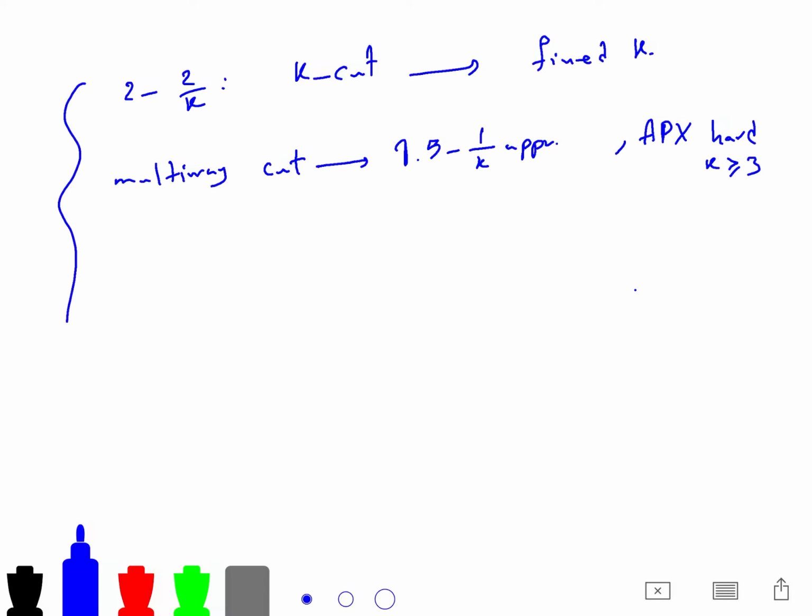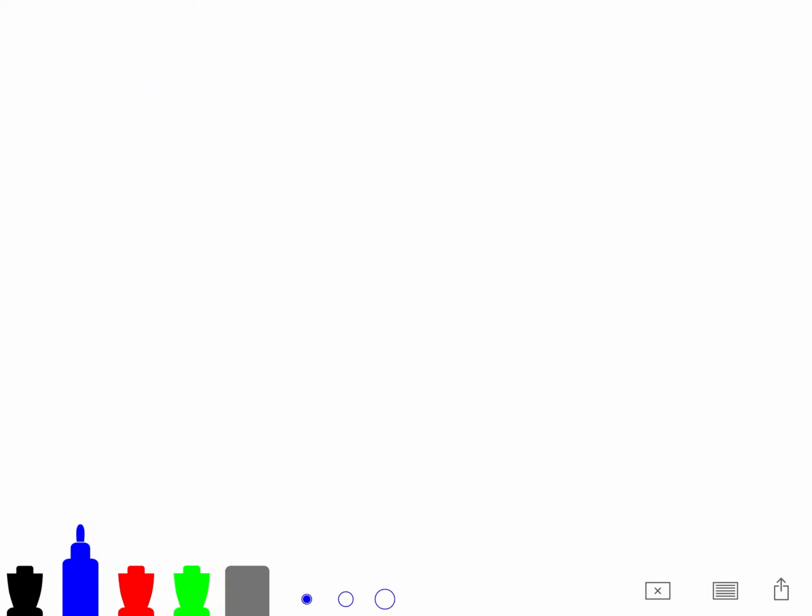And the other problem is Steiner K-cut. The same, it is NP-complete and APX-hard for K greater than 3. So this was just a quick review.